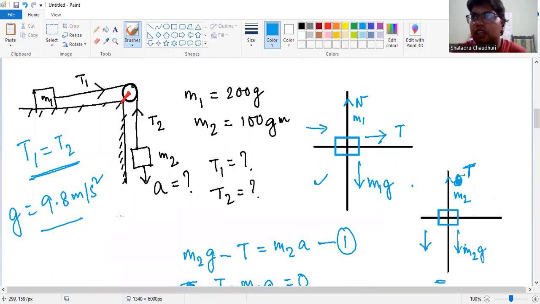Okay, so this was some of the simple examples of free body diagram problem। Now, in the next class, we will discuss about the Lami's theorem.